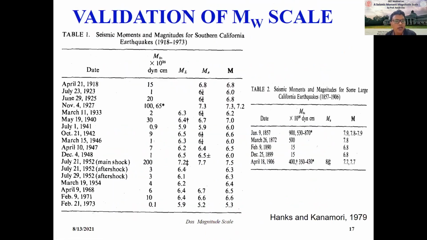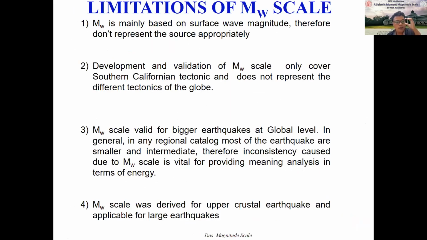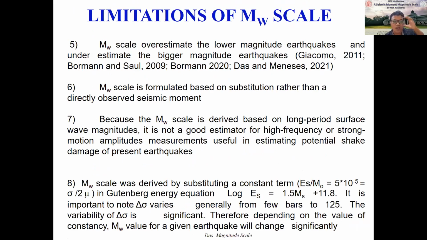Substitution means, if you go back, we see this M naught is coming directly. The correlation between ES and M naught is based upon some equations and constants, and this comes from substitutions. If in equation 3 we substitute equation 4, the MW scale is formulated based on substitution, not on the directly observed seismic moment. So there is no correlation between the seismic moment and other magnitudes with direct observation. They have some substitution, considering some constant values.